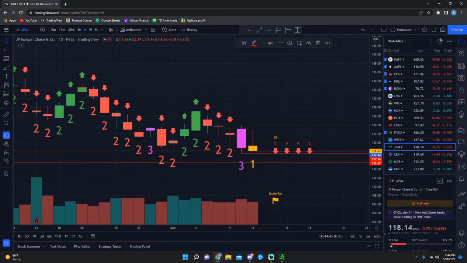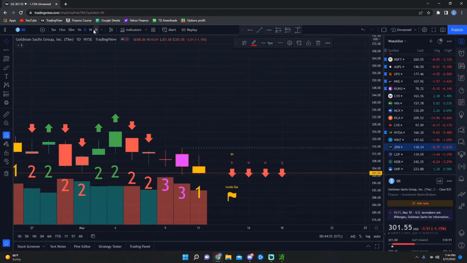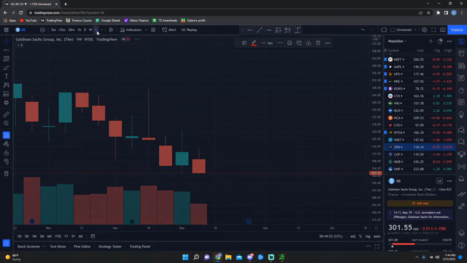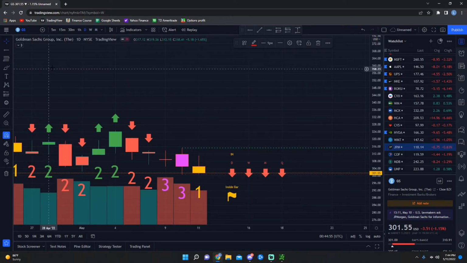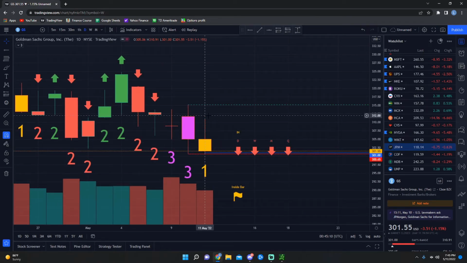Let's look at these two, and then I'm gonna move on. GS, BLK. Red, red. Also, make sure if you're charting, another thing I didn't mention, make sure you're getting the wick of the candle, not the actual candle.